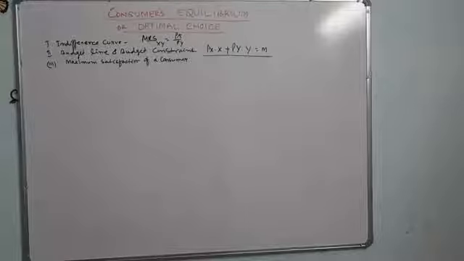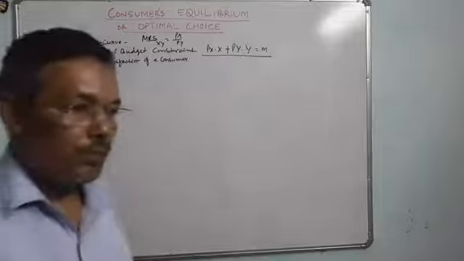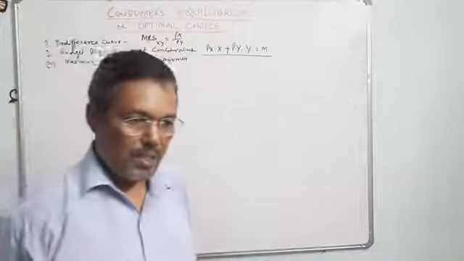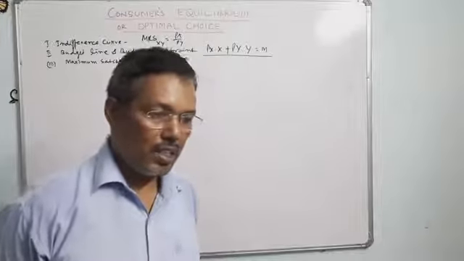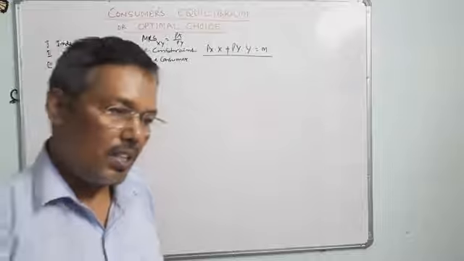A consumer is in equilibrium when he maximizes his utility given his income and the market prices. In the utility approach, a consumer gets maximum satisfaction when the money he spends equals the utility he is getting.